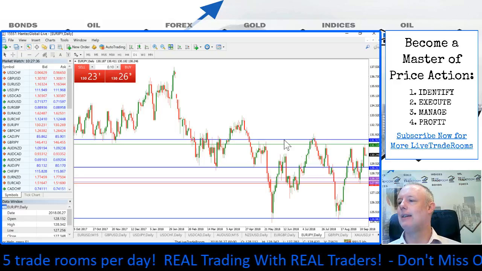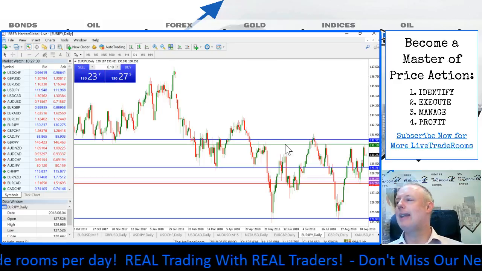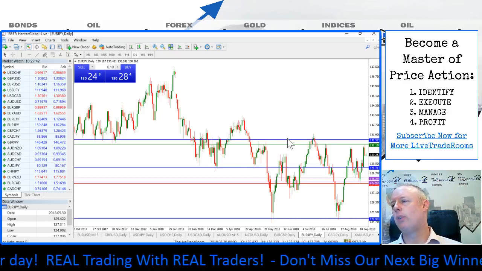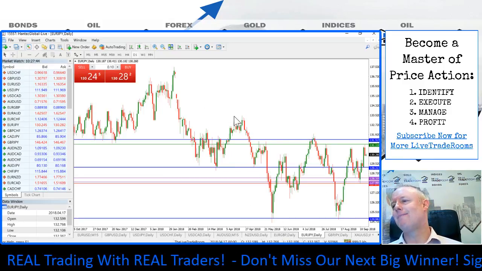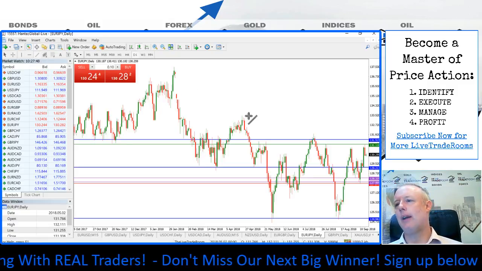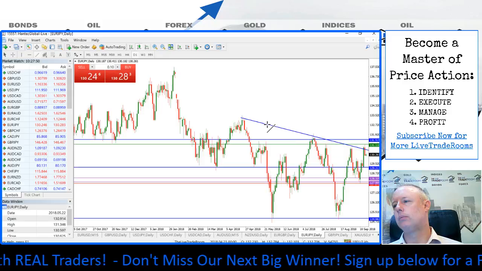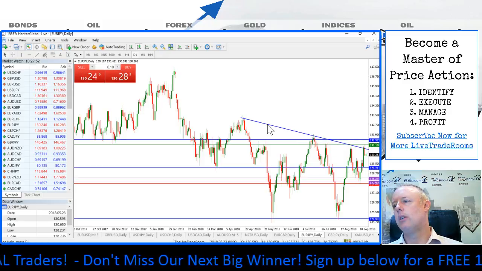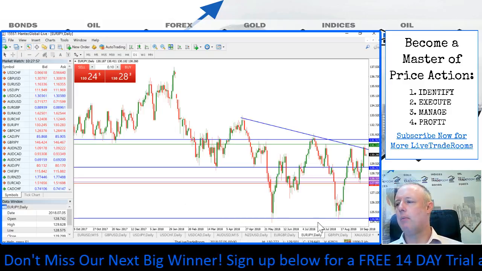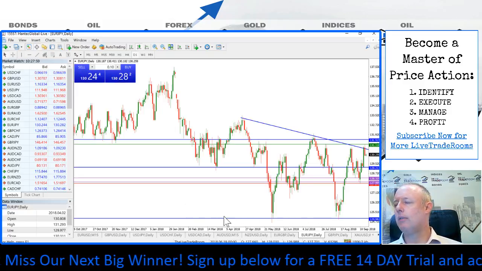Now to the downside, there is this downward sort of move. We're just in this kind of descending triangle, really, when you think about it. So we've got the potential for resistance around this area, and then we've got the 124.98 level.